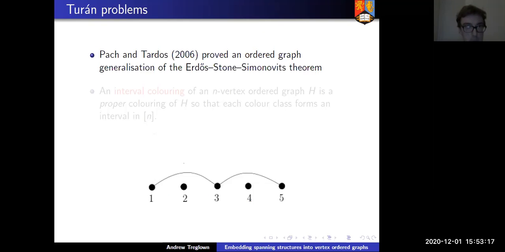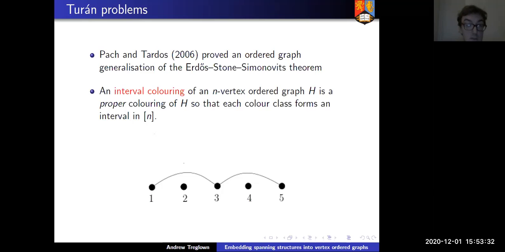So what about for ordered graphs? Well, Pach and Tardos proved an ordered graph version of the Erdős–Stone–Simonovits theorem, and to state that, I need to introduce just another definition. That is the notion of an interval coloring. So what's an interval coloring?